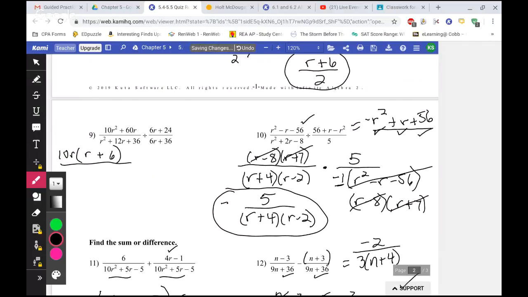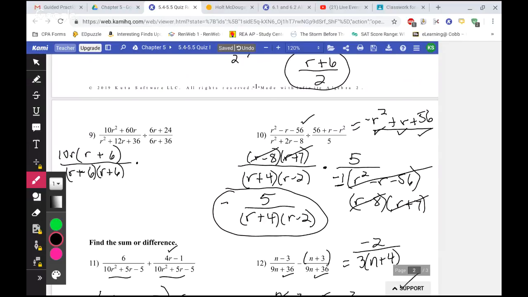And then the denominator, I'm looking for what two factors would give me a 36 when multiplied. And I can already see this is going to be a perfect square. But I'm going to write both terms out because that's going to be a 6 and a 6. Multiplied together, they give me a 36, and when added, they give me 12. So that's going to be r plus 6 and r plus 6. Perfect square.